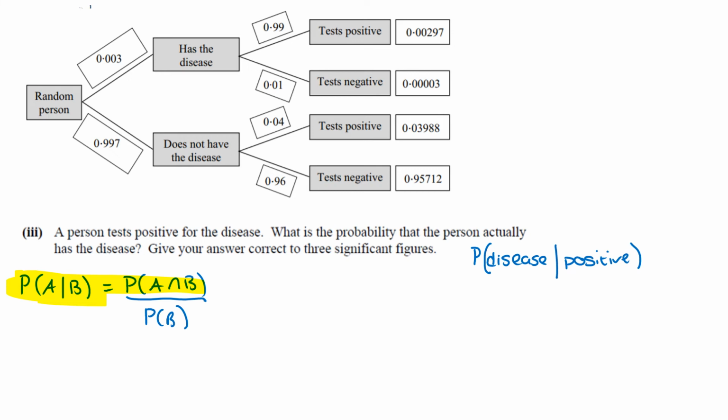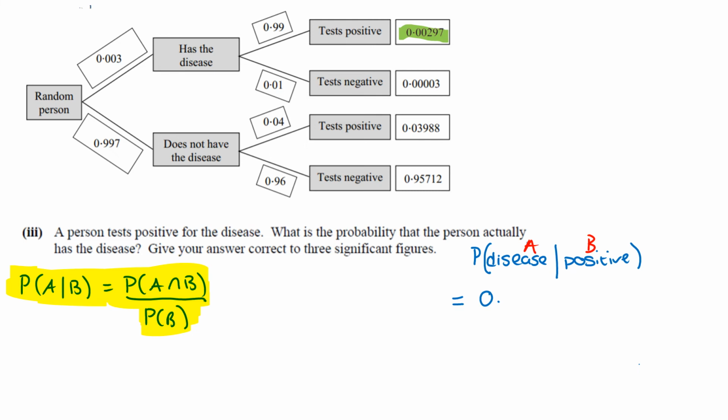And we're going to highlight all this. And if we think about what we have in terms of A and B, what is the probability that you have the disease and test positive? So go up to this tree diagram, have the disease and test positive, that's this number here.